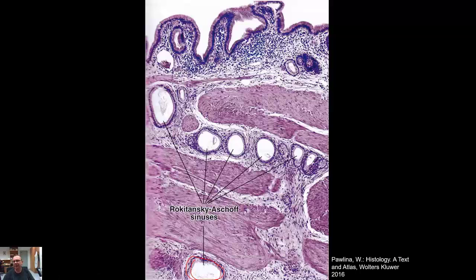These deep invaginations of mucosa are called Rokitansky-Aschoff sinuses. According to some authors, they are pathological findings, but they are so frequent in older persons that they can be taken as physiological. So Rokitansky-Aschoff sinuses are frequently found in the slides. Even in our slides you will see them.